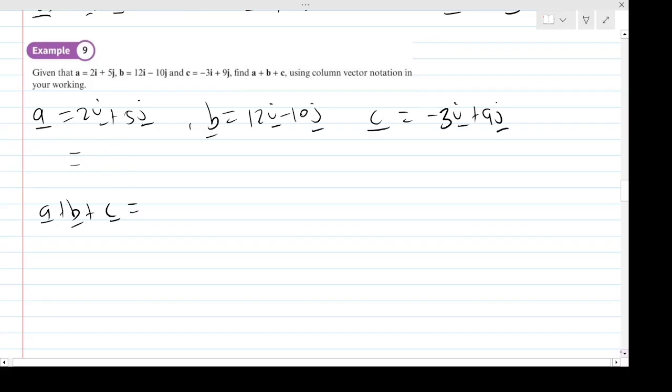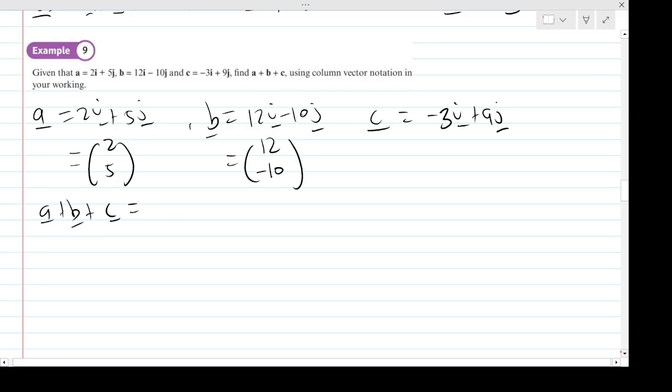So, okay, we need to add the three vectors together, but as column vectors. So we need to convert the i and j stuff into our column form. Well, that's very easy. So 2i, that's just going to be 2 at the top, and then 5j be 5 there at the bottom. B, the vector B then, as a column, that'd be 12i, so 12 at the top, then minus 10j, so minus 10 at the bottom.